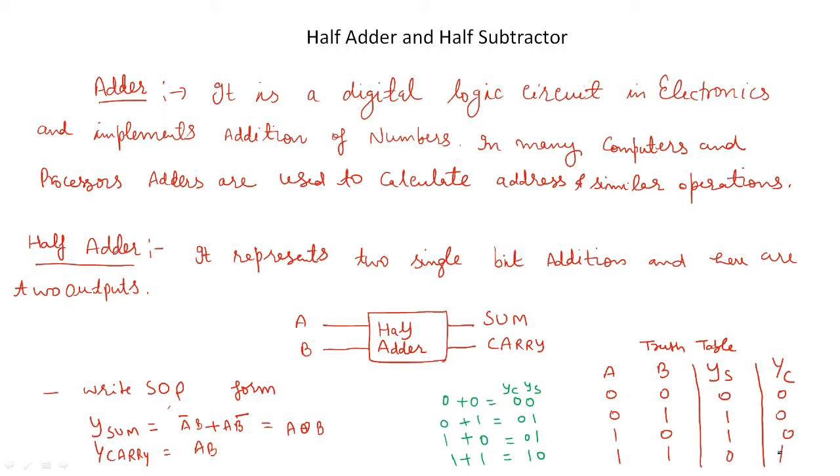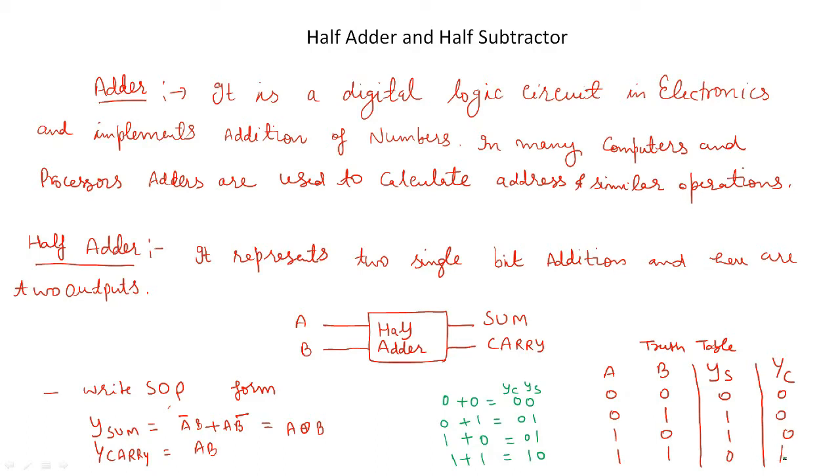Now if you take the output of this truth table, you can write it in SOP form. For the sum you are getting two outputs of 1, so the sum will be A bar B plus A B bar, or you can write it as A exclusive-OR B. For the carry you obtain one output, where this is your A and this is your B, and you are obtaining output 1 here.